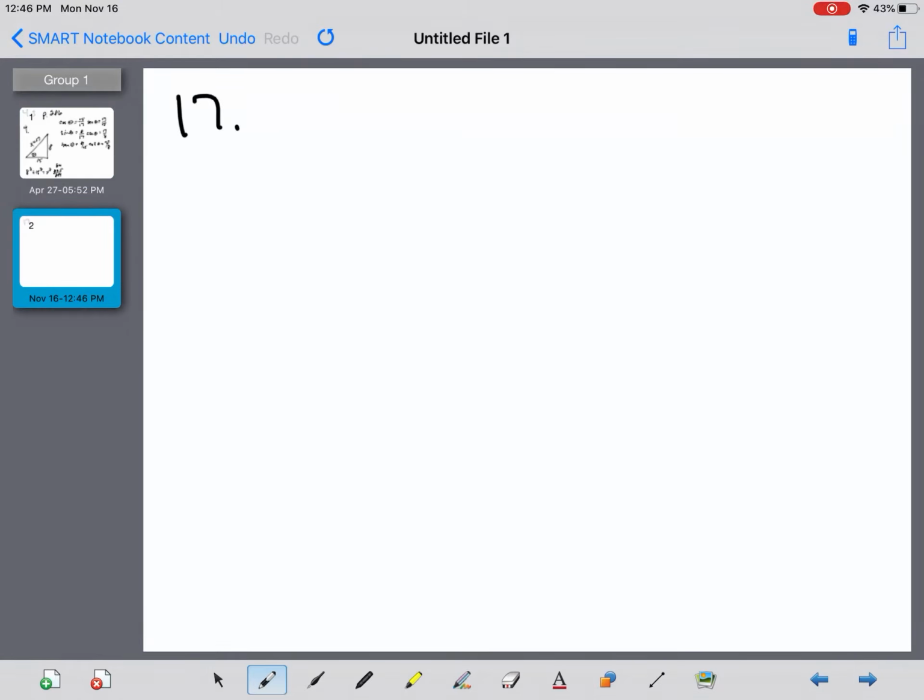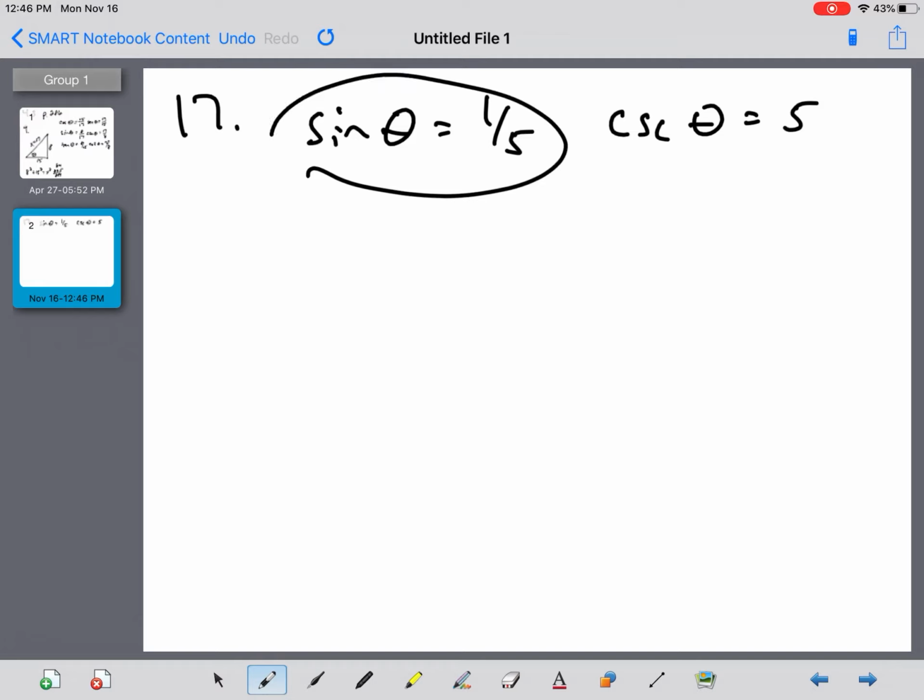All right, the next problem is number 17. In question 17, it tells you that the sine of theta is equal to 1/5, and the directions want you to find the third side and then find the other 5 trig functions. Well, I already do know cosecant is going to be 5. Now, whenever you're given a trig function, draw a picture, even if it's not drawn to scale.